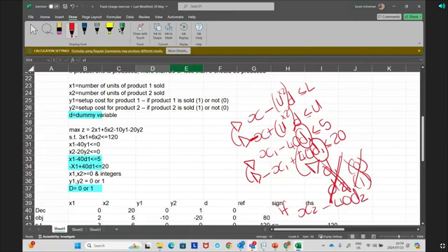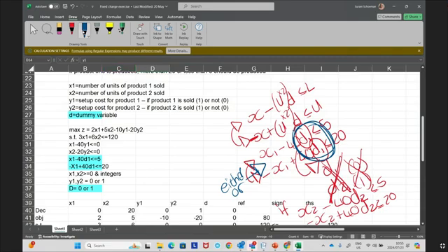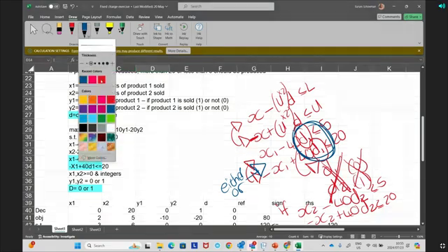40 dummy 2, because this is a different constraint than the constraints for x1. So this would be then minus x2 plus 40 dummy 2. So to make it clear, these dummies are for these constraints.